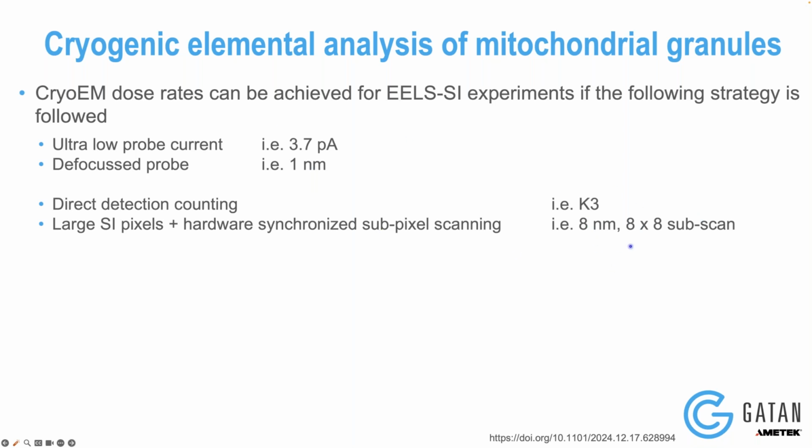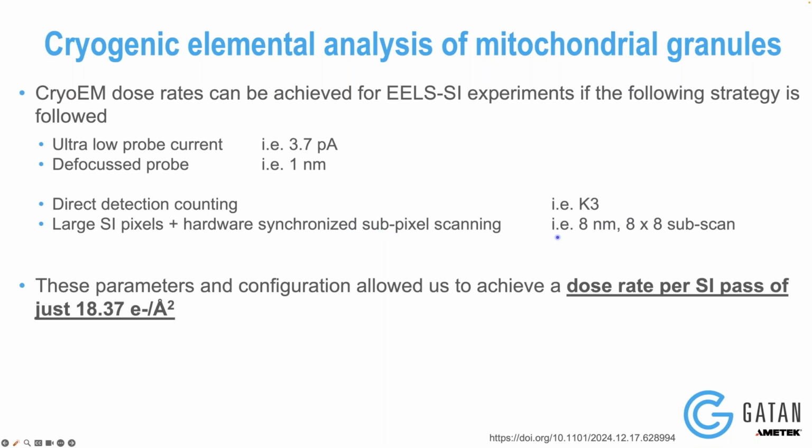These 3 or 4 things combined gave us super low dose. We achieved a dose per spectrum image of just 18 electrons per angstrom squared.